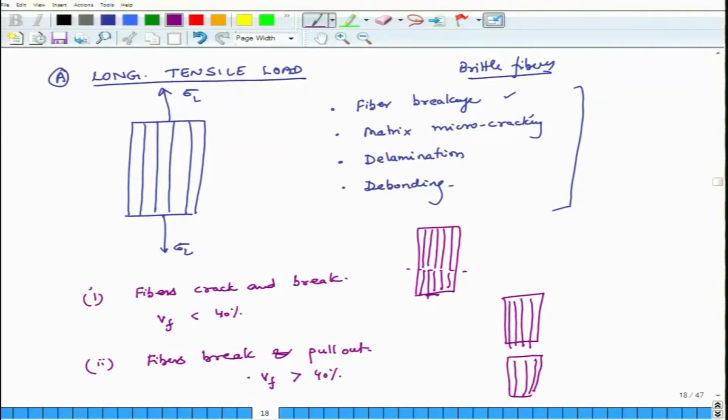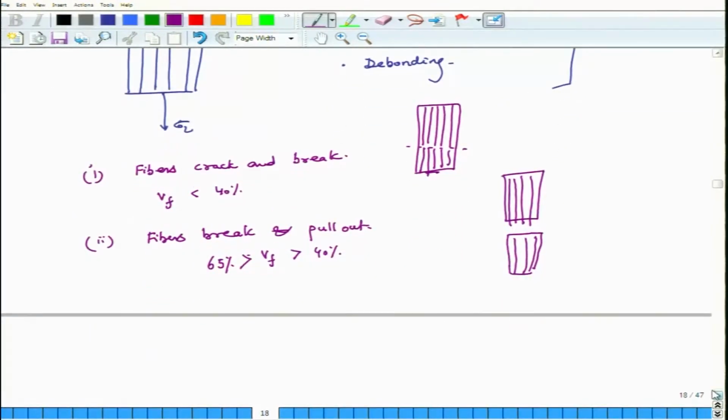and less than 65%. Now, in this case this happens because the wetting between the fiber and the matrix may not be really great. So, when it breaks, these fibers also get pulled out.